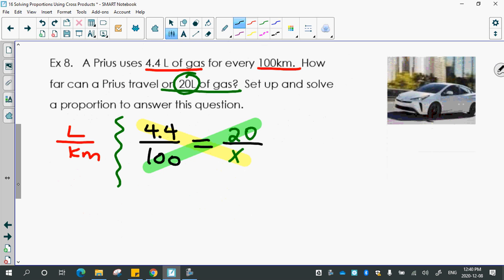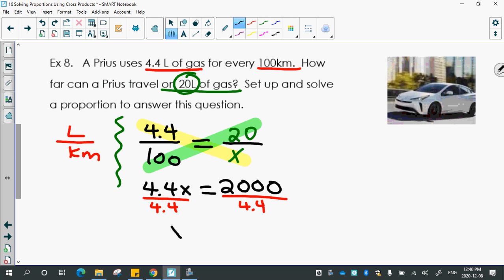Find our x and do that cross first. So 4.4x equals 20 times 100 is 2,000. And then I have to get x by itself, so I have to divide by 4.4. So I do 2,000 divided by 4.4.